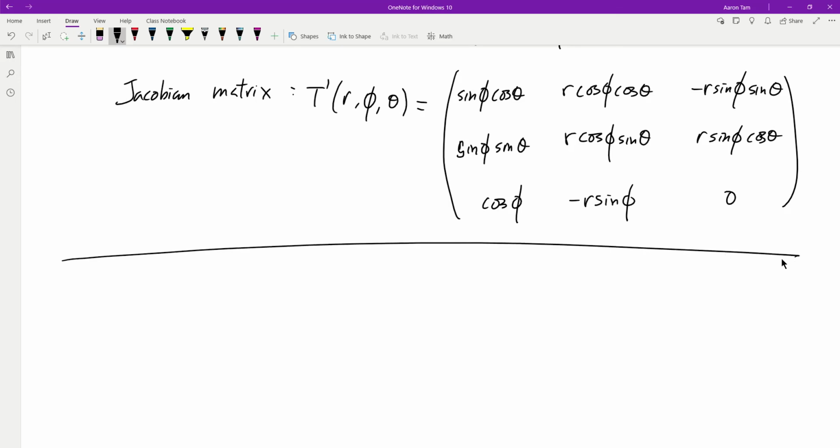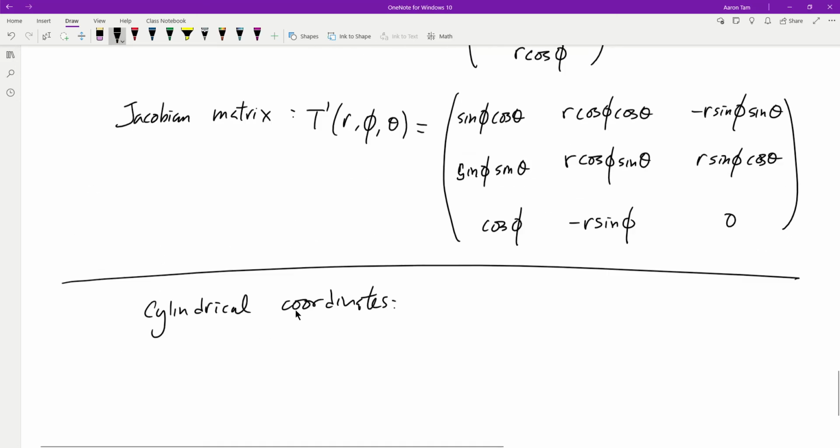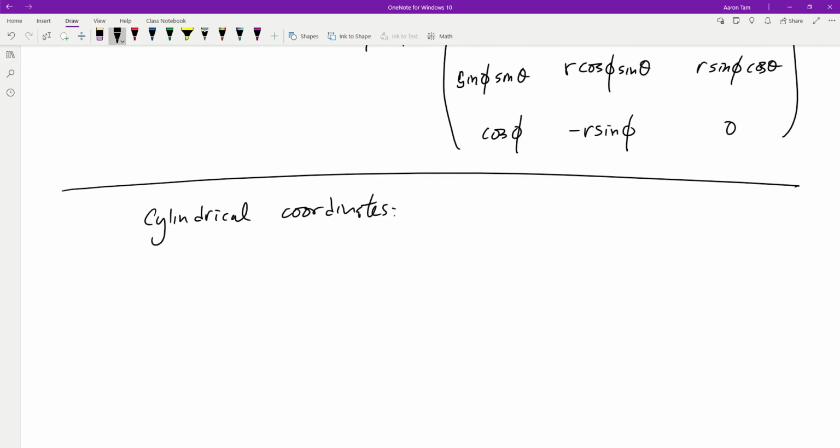And this is probably the last one we're going to do, so hopefully the video will be less than 20 minutes. The last one is the cylindrical coordinate system. This one is actually very nice, because remember, this is basically just the polar coordinate system with the z added in.